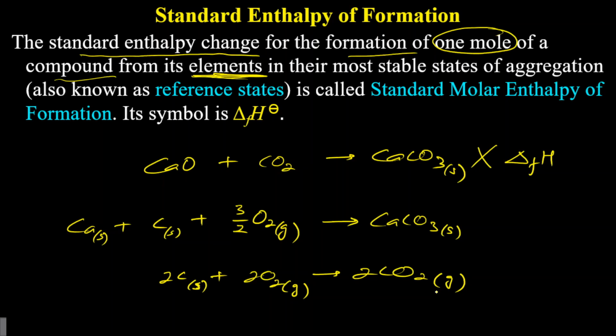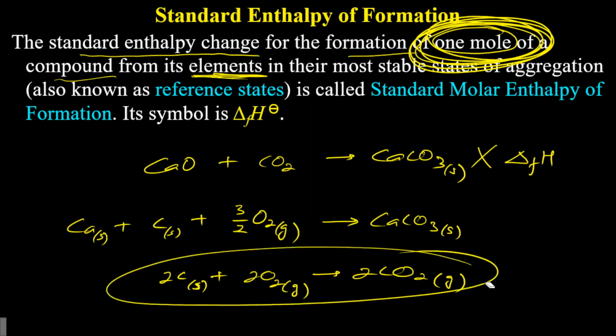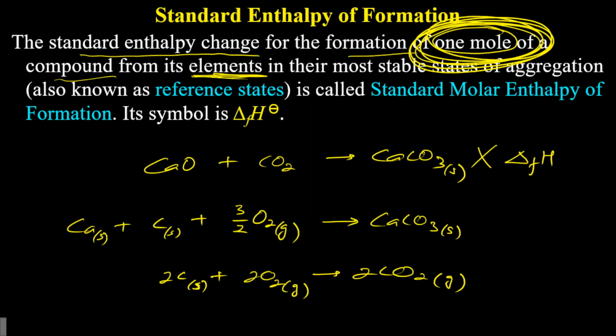No, the condition is also that it must be 1 mole. This actually represents 2 moles, so delta FH will be half of it. Suppose delta RH, the enthalpy of this whole reaction, is given as X. Then delta FH will be half of delta RH, because you have to produce only 1 mole, not 2 moles.